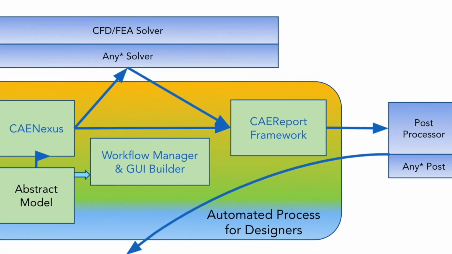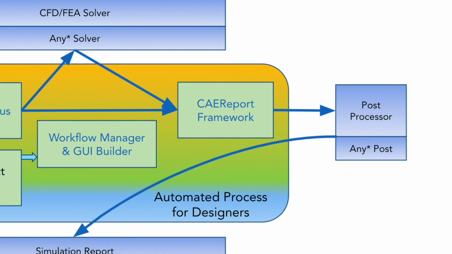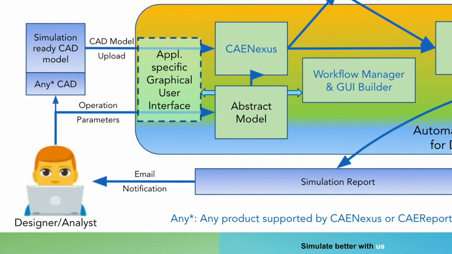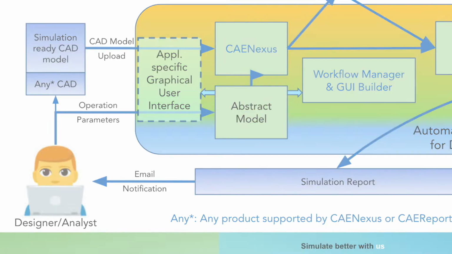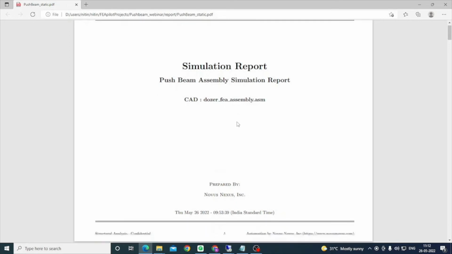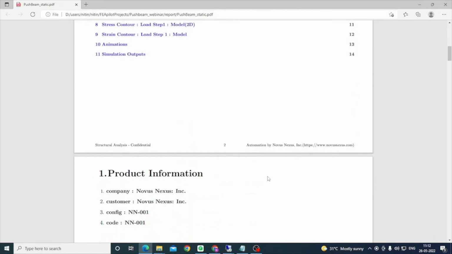Once the solver's done, that'll go through our report framework to a post-processor of choice and back to the designer via an email with a simulation report that's been designed in that output stage of the abstract model we talked about. So here you can see an example of the simulation report coming down, a number of contexts, product information.